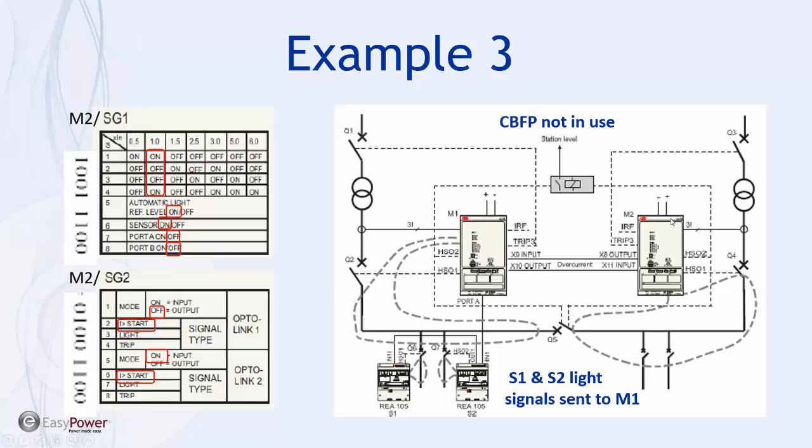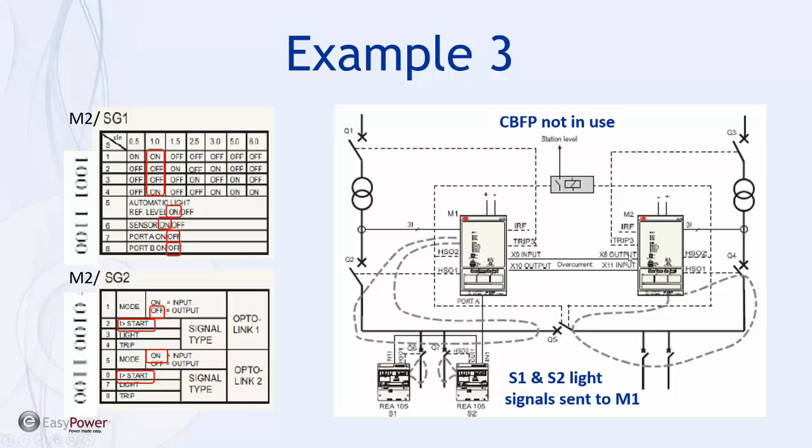So here for the second main, we're not connecting anything to it, so those port settings will be off. We do have the Optolink connected. In this case, it'll be just the opposite from what the main one is.